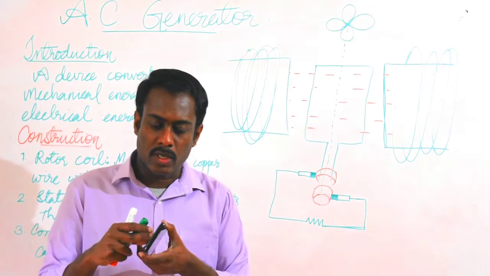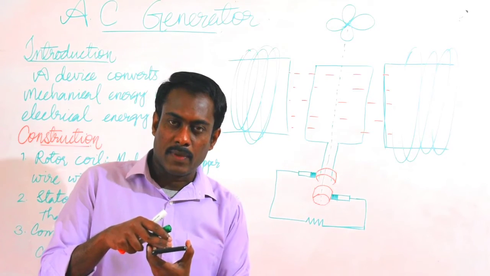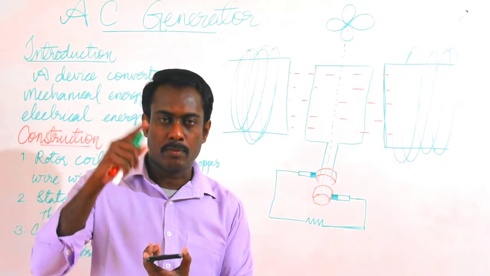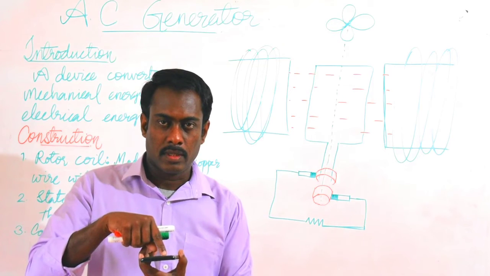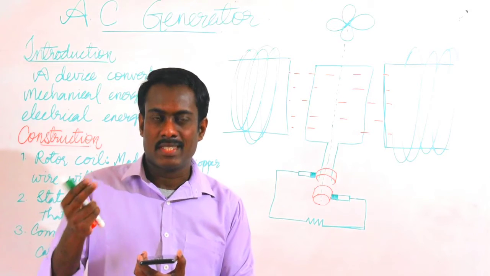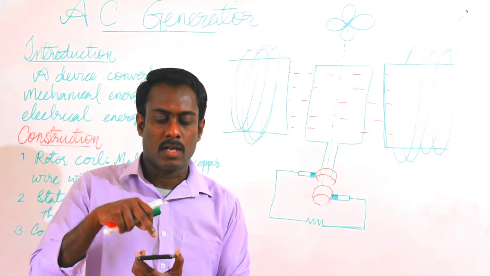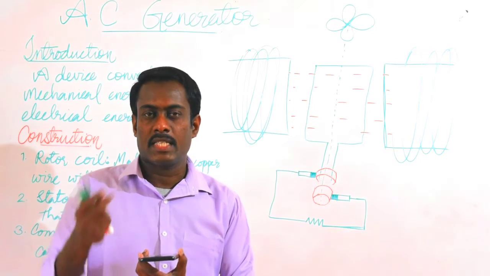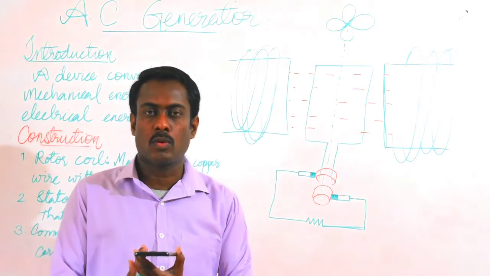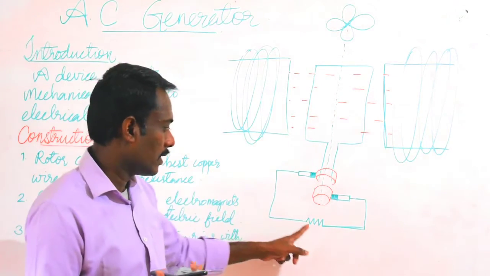As it rotates, what happens? The magnetic flux drops from maximum to 0. That means there is a change in the magnetic flux associated with the coil, and this change produces an EMF here.